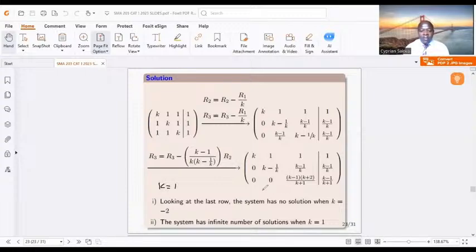When you have 0, 0, and this part is also 0, so that the entire row is zeros, then the system has infinitely many solutions. You only achieve that when k is 1. So let's move to the next question, because this one we've already answered.